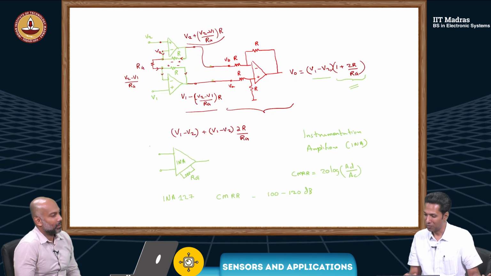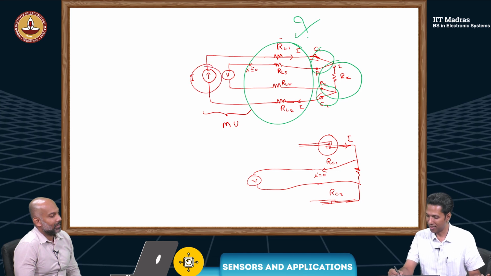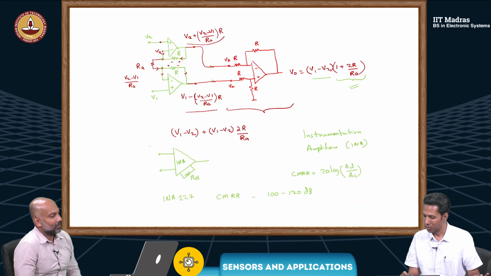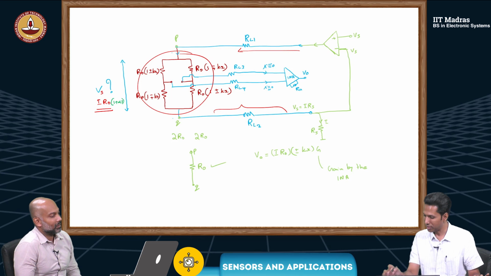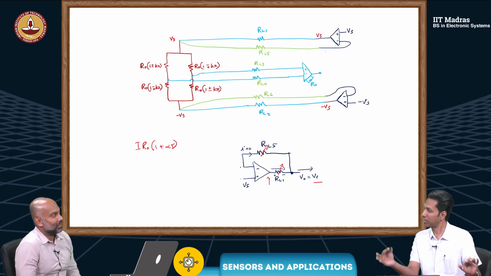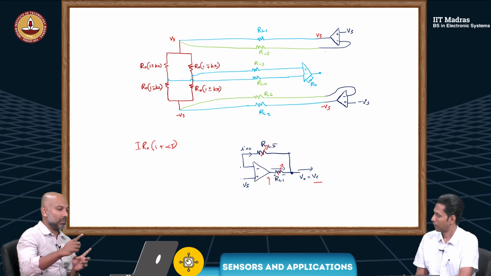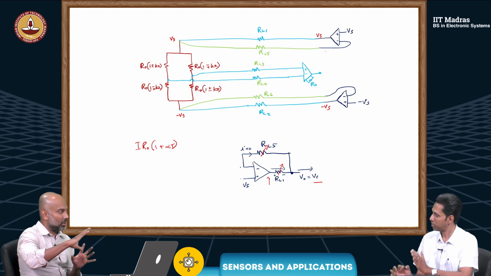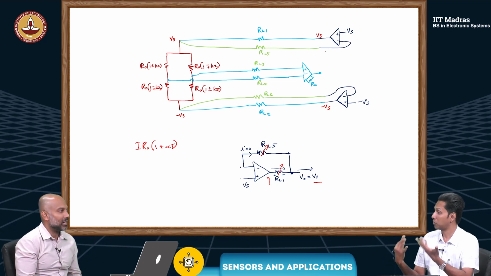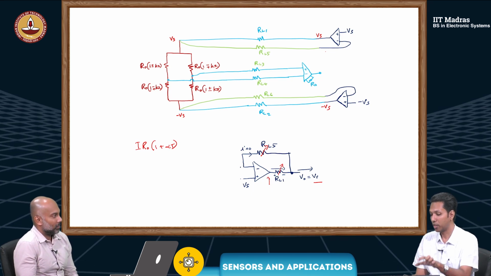Yes, I understood. We started from this, where we are injecting current. Now, this was equivalent to that. But this is not by injecting current. We are ensuring that the voltage at the bridge is fixed. That means the voltage drop across the bridge will be the same, irrespective of the temperature. So it's as good as connecting a source voltage there.